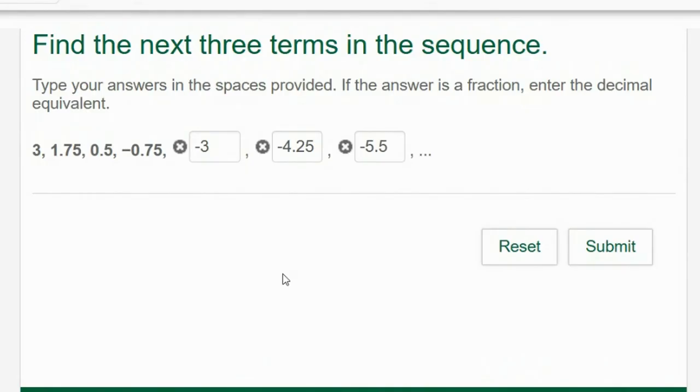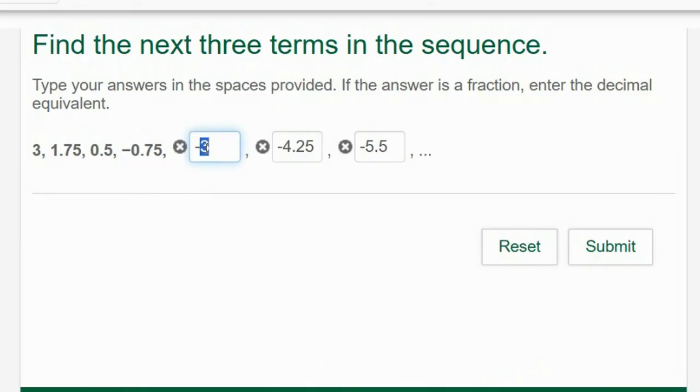Pearson's got us a different answer. Xander's going a different direction. Sydney. Xander, I think we're already lower than negative 0.5 right here. So the next one wouldn't be negative 0.5. I think you got off somewhere.